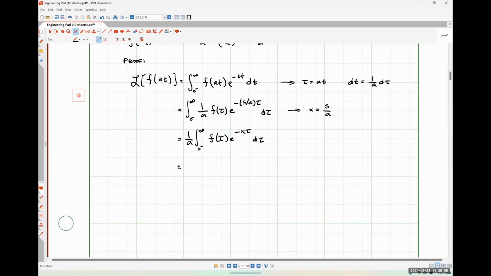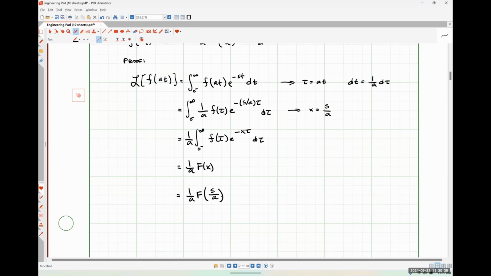So x is effectively just taking the role of s, and tau is taking the role of t in my definition for Laplace transform. So this gives me 1 over a F of x, which is the same thing as 1 over a F of s over a. So once again, if I stretch my time axis by a, I shrink my Laplace transform by a factor of a, and I also scale its amplitude down by a factor of a as well.